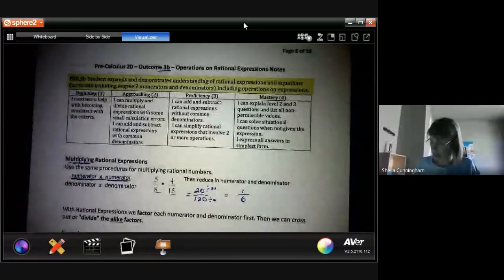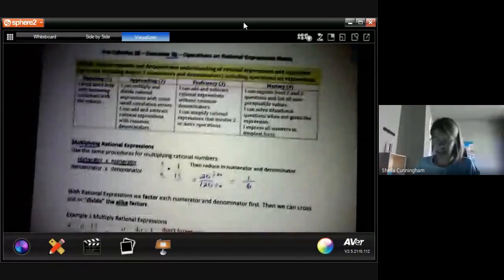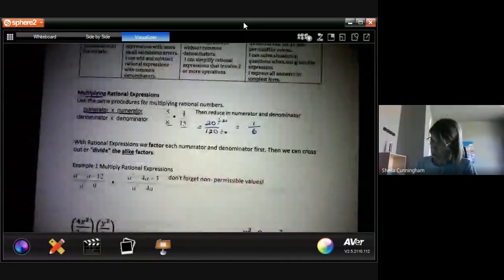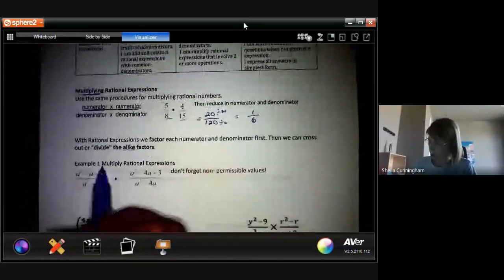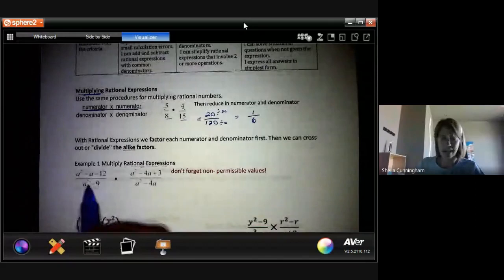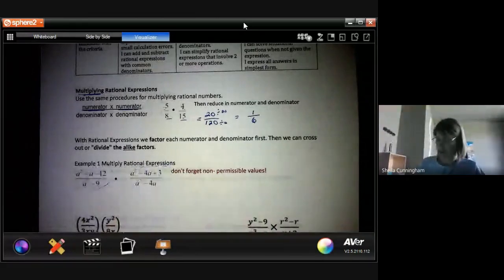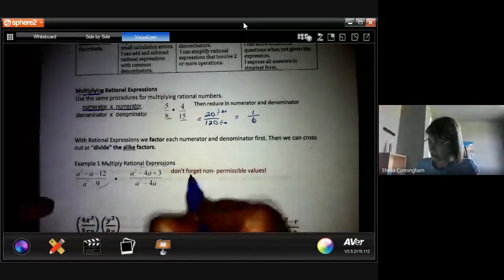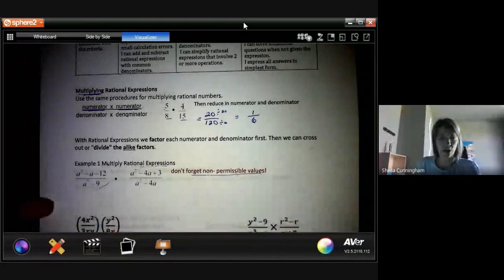So let's take a look at this. If we take a look at multiplying rational expressions, we can look at just like what we did from last day. We have an expression, a fraction times another one. Your first step in this is let's always identify what our non-permissible values are. So what pieces won't satisfy?